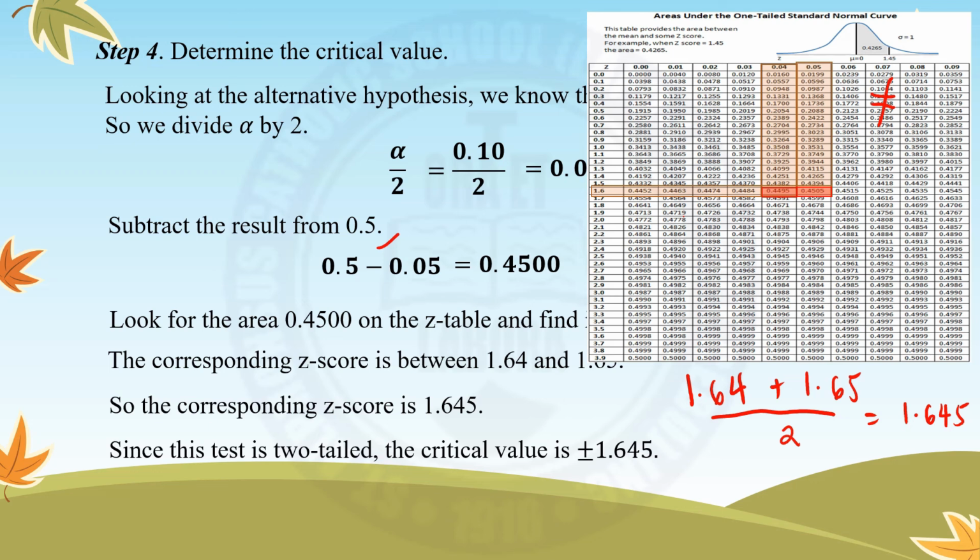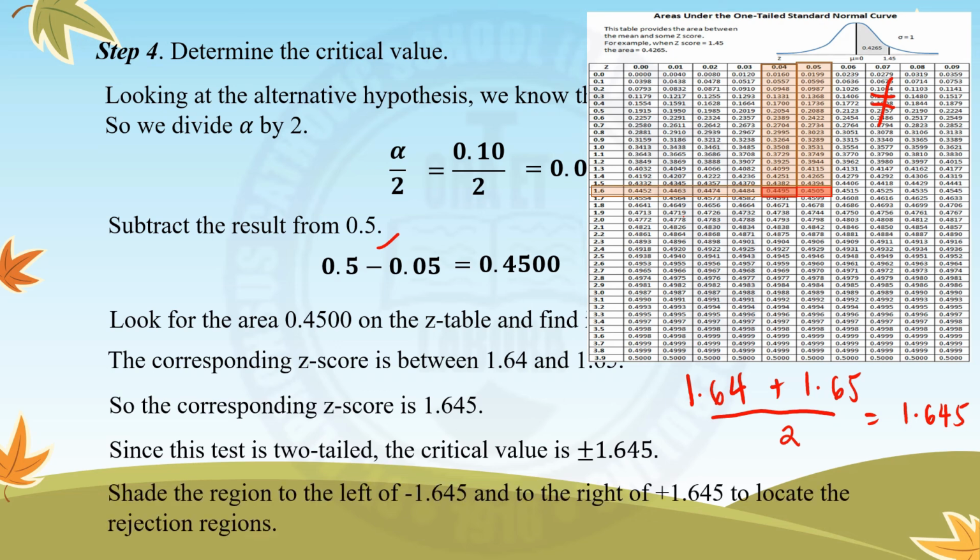Since this test is two-tailed, the critical value is positive 1.645 and negative 1.645. Shade the region to the left of negative 1.645 and to the right of 1.645 to locate the rejection regions.